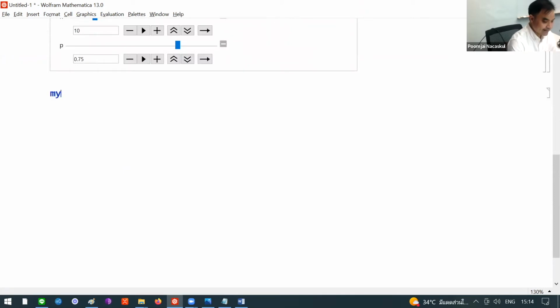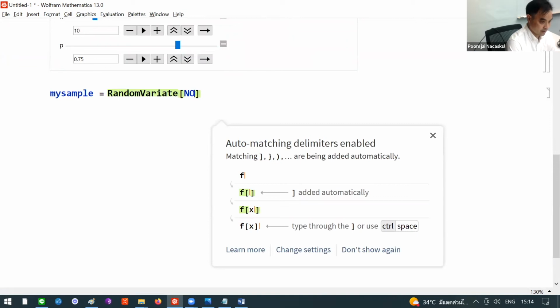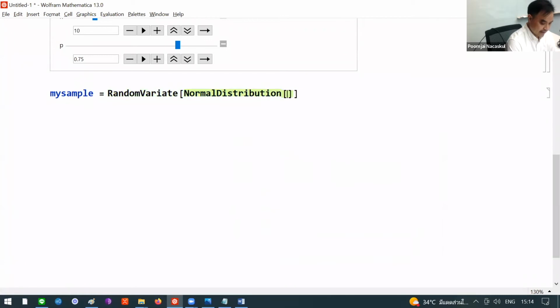So instead, my sample is equal to random variate, say normal distribution, say 0.0. So for example, if I were to do this, this would look like a stock market of some country, and say 1,000. If I did this, this would be the daily return of some stock market.